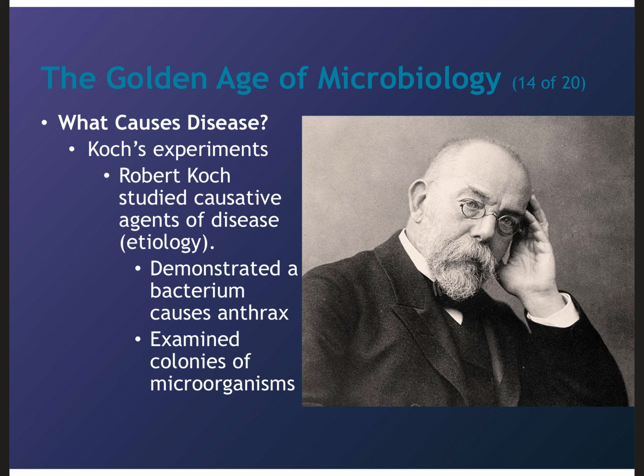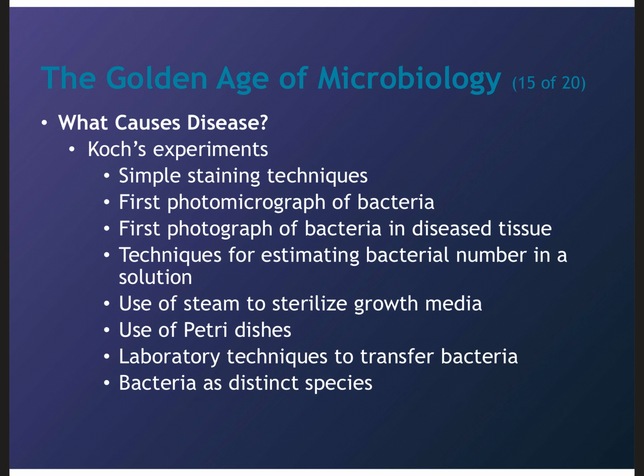So this is Robert Koch, or Koch, I think it's Koch, anyway. He studied the causative agents of disease, or etiology, and demonstrated that a bacterium causes anthrax, right? And he examined colonies of microorganisms.